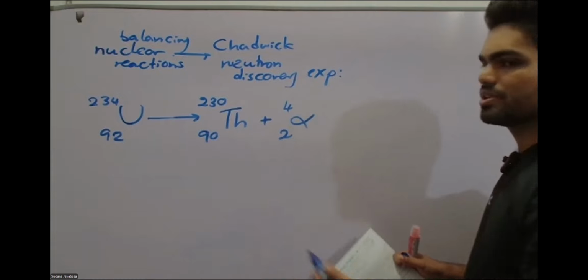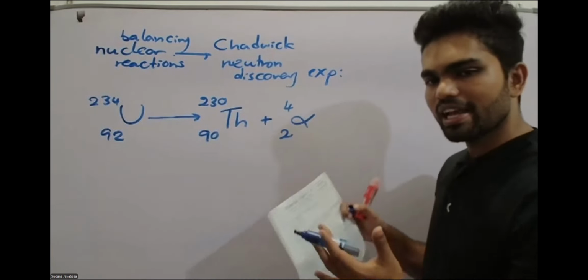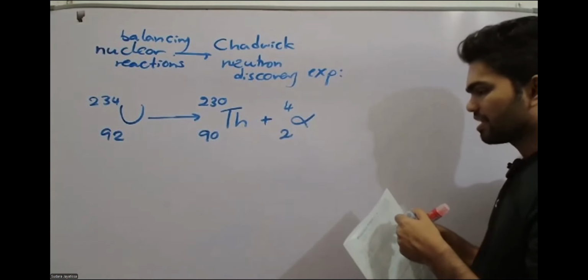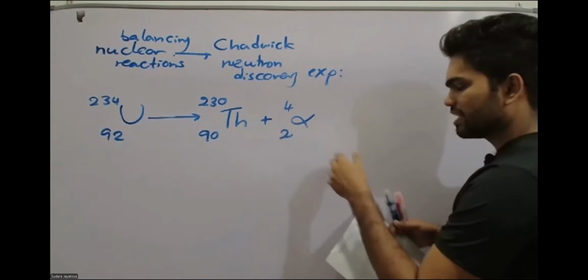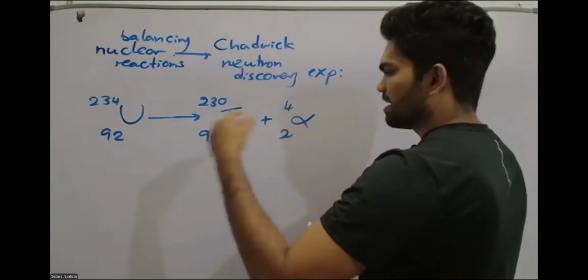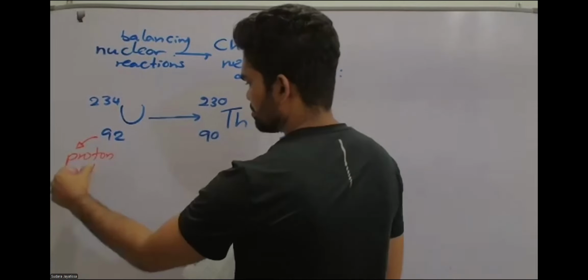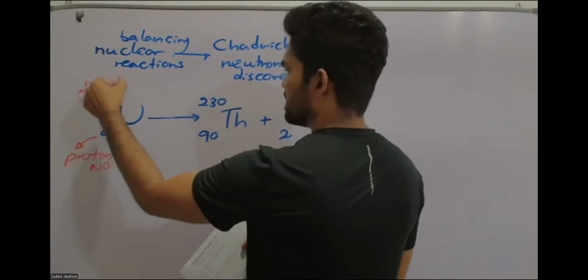So that knowledge is also needed. They have just given it as alpha, so you need to know that it is alpha 2, 4. It's basically a helium nucleus. So what is the sum here? 90 plus 2, it is 92. So this number we call the proton number, and this one is called the nucleon number.